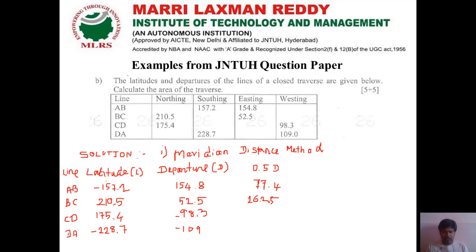Next, 98.3 into 0.5. Here I have to give a minus sign, so minus 49.15. Then the last one, 109 into 0.5, is 54.5, which is also minus 54.5.